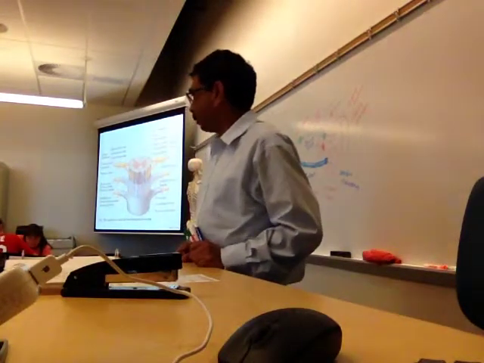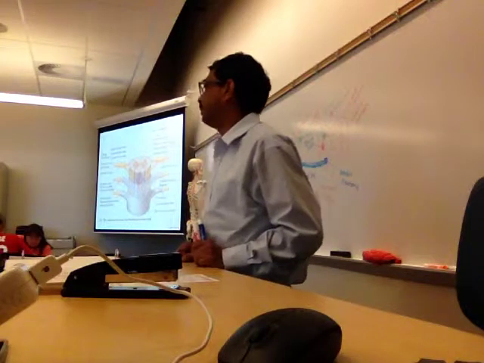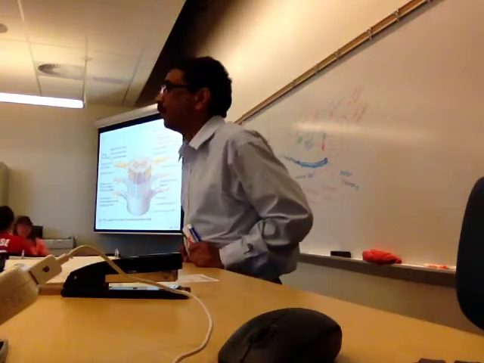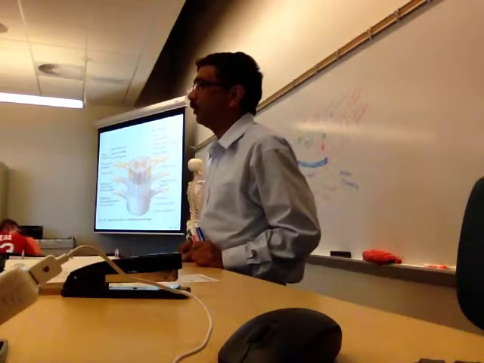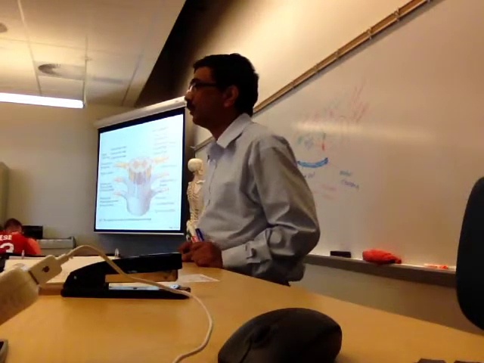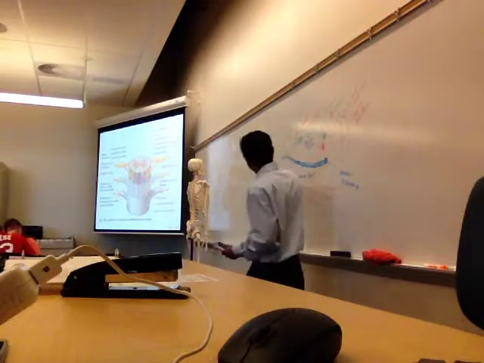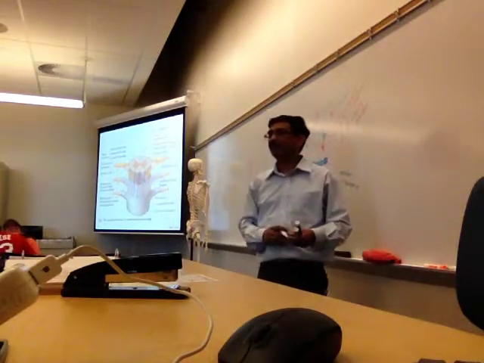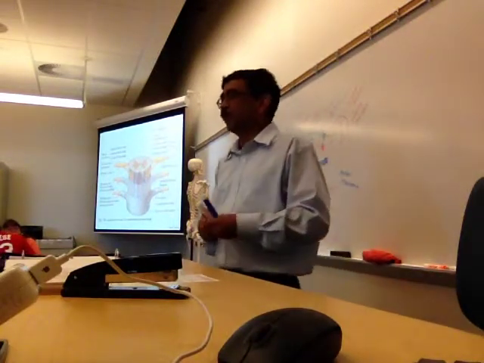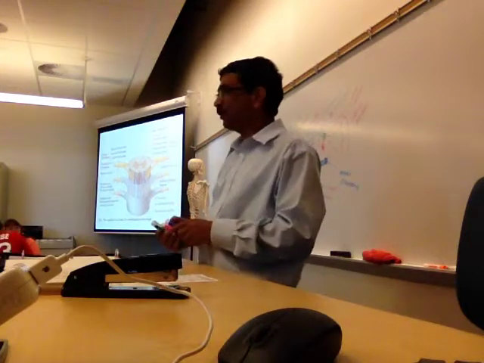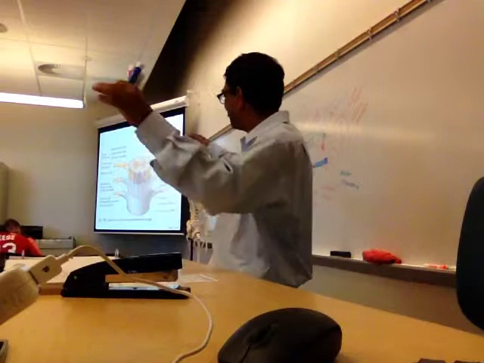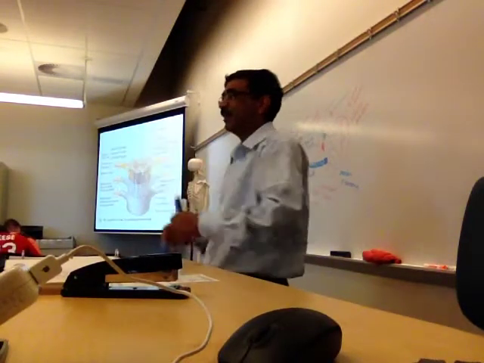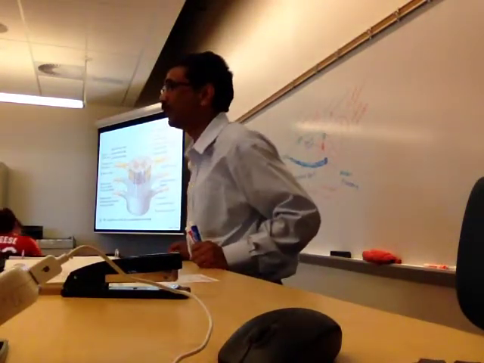So if I ask you the question, in the spinal nerve, what kind of fibers will you find? Motor, sensory, or both? In the spinal nerve, you will find both types of fibers or only one type? Because I have said that two roots will meet, join together and form the spinal nerve.